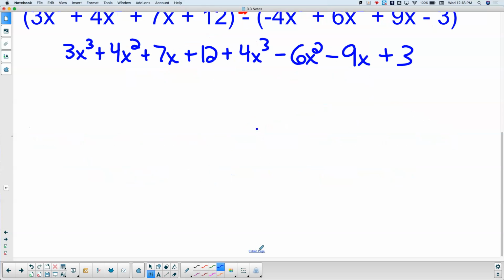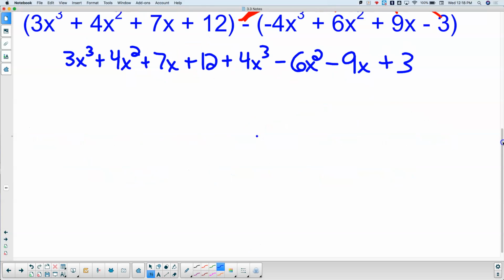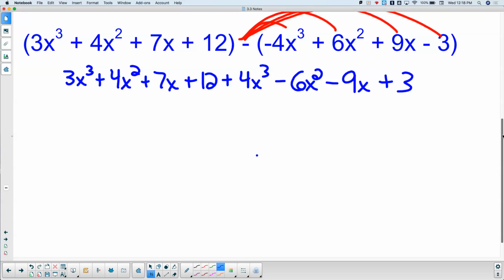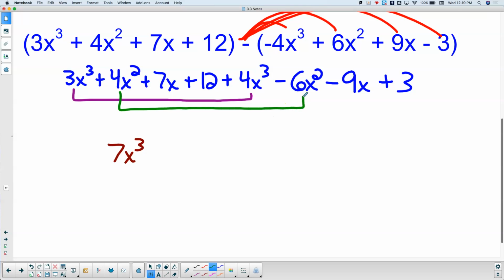And now I can go about combining like terms, because now I've got it where I have no parentheses or the parentheses don't matter. So I got 2x cubed terms, so that's going to be 7x cubed. I've got 2x squared terms, so that's going to be minus 2x squared.